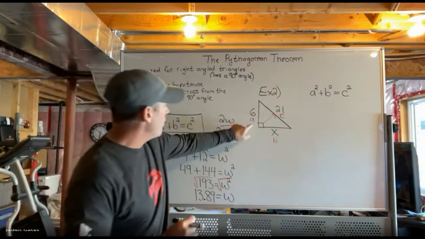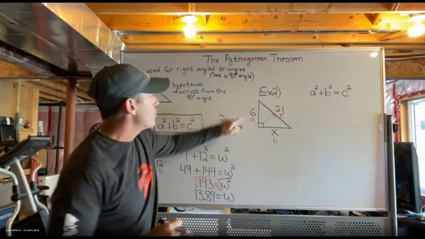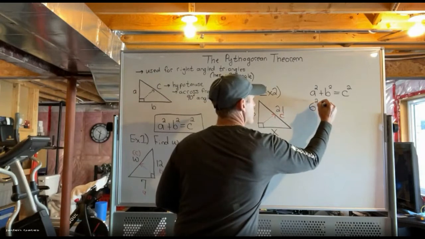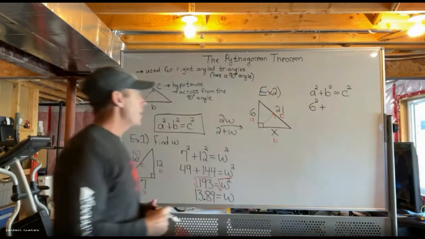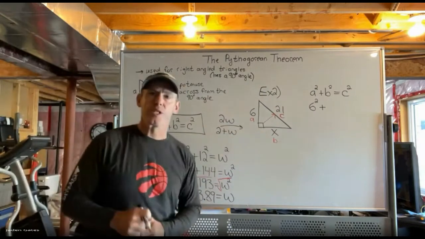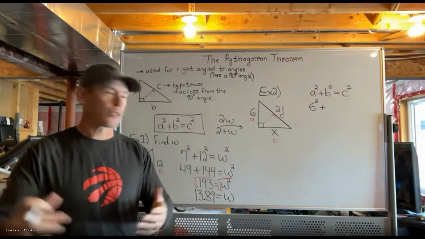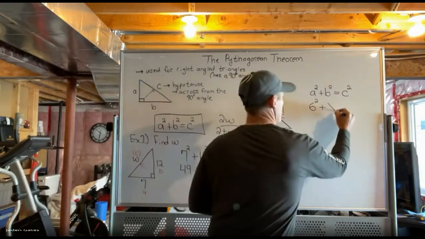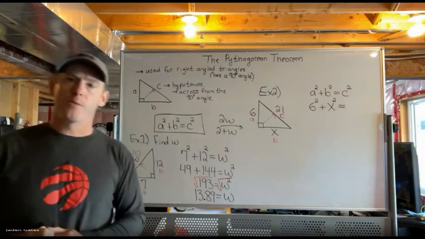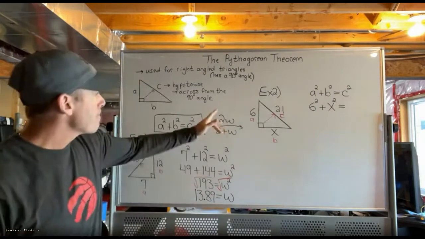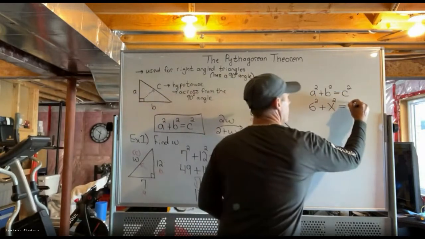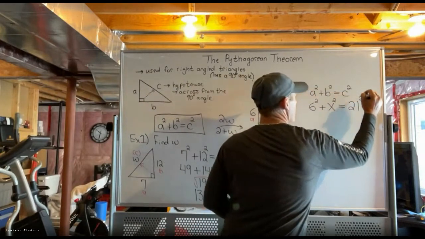A is 6, so instead of an A squared, I'm going to have a 6 squared. B is X, so instead of a B squared, I'm going to put X squared. Then again, our unique side, which is our hypotenuse, is C. C is 21. So instead of a C squared over here, I'm going to put a 21 squared.